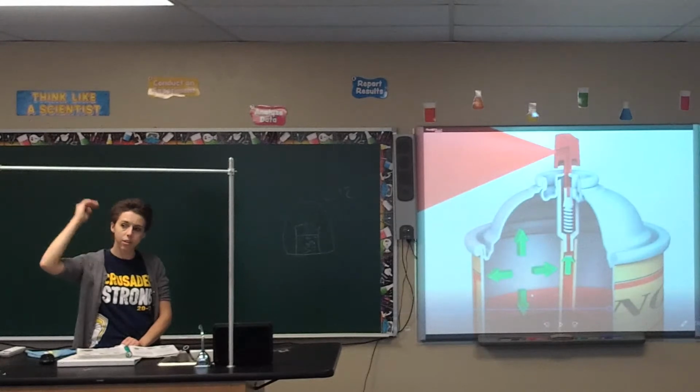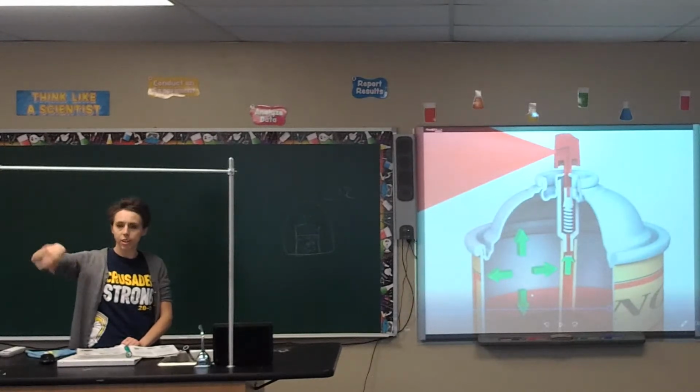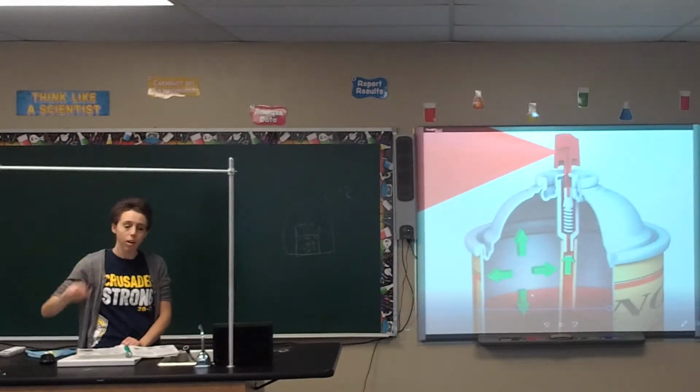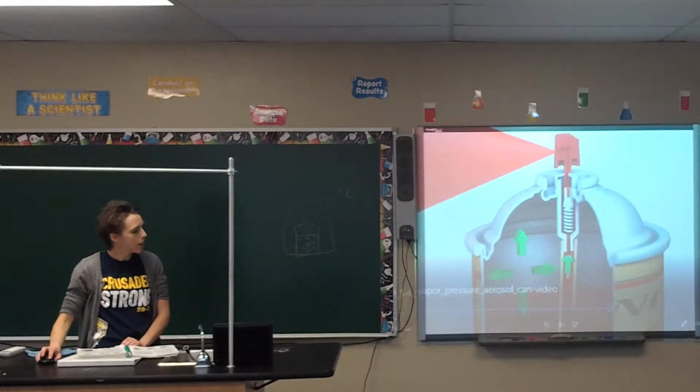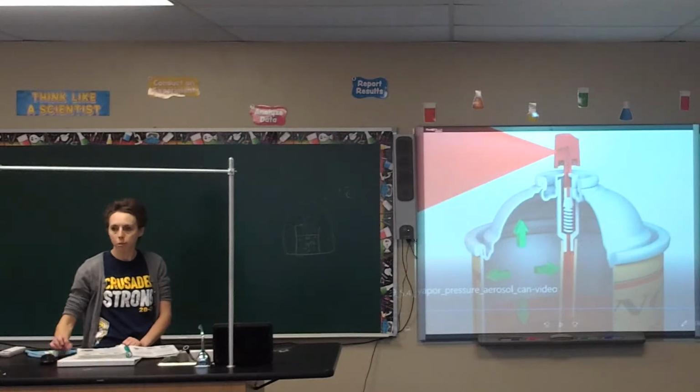Since the overpressure is released, some of it can escape and turn into a gas. So it's constantly at that 321 kilopascals of pressure on the inside. Even if some escape, some of the liquid will evaporate and turn into the gaseous form. That way it's at that constant pressure over and over again. So your aerosol can still has that fine mist, and that's what's causing it to work properly.